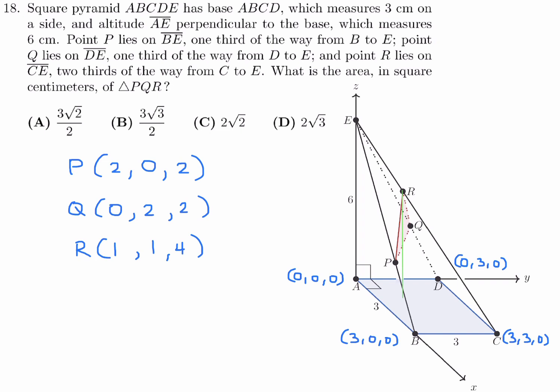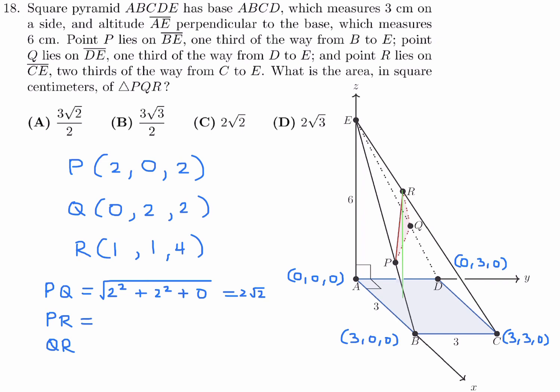Okay, so now that we got that, we can figure out very easily now the distances PQ, PR, and QR. That's just using the distance formula. So it would be 2 minus 0 squared plus 0 minus 2 squared plus 0 squared, and therefore PQ, all under the square root sign. So that's root 8, which is 2 root 2.